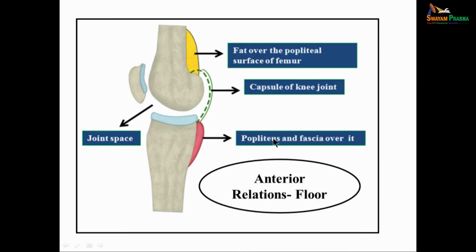Again, just to recap the floor: the fat over the popliteal surface of the femur, the capsule of the knee joint, the popliteus muscle, and the fascia covering it. So these are the anterior relations of the popliteal artery.